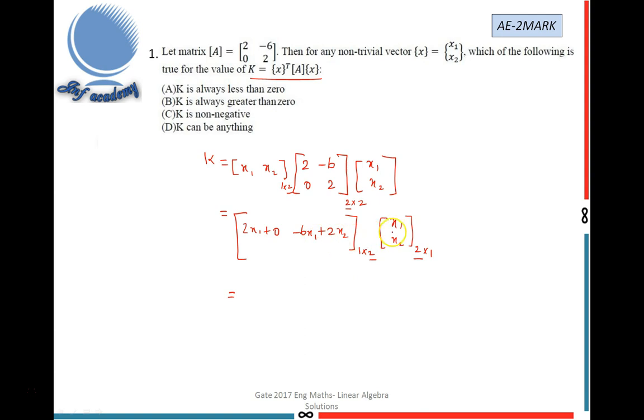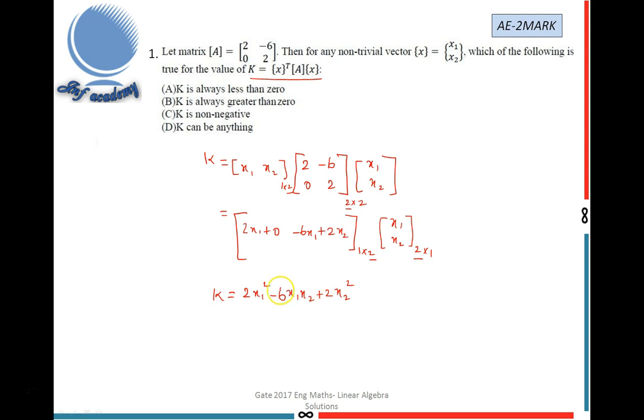So multiply these two: 2x1 into x1, 2x1 square, and minus 6x1 plus 2x2 into x2, that is minus 6x1 x2 plus 2x2 square. This is the procedure of multiplication of matrices. Finally, I got the k value: 2x1 square minus 6x1 x2 plus 2x2 square.